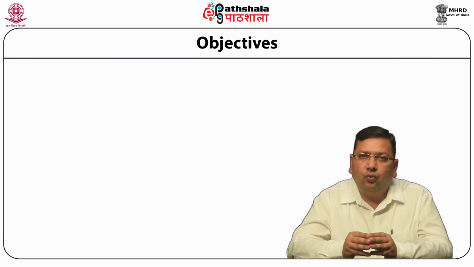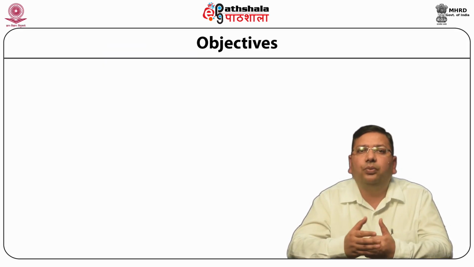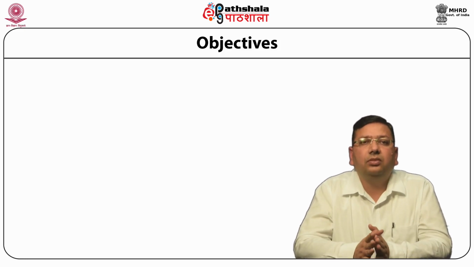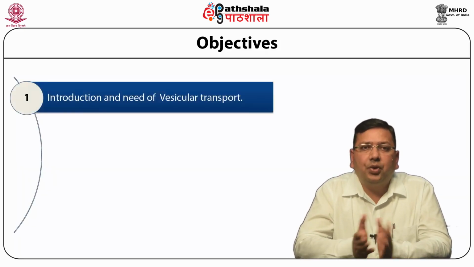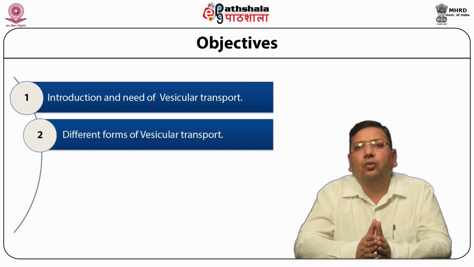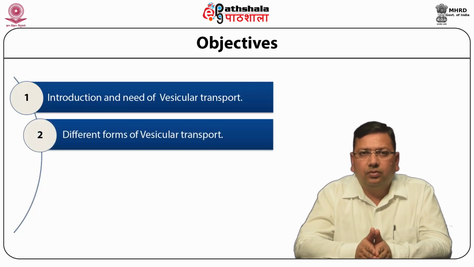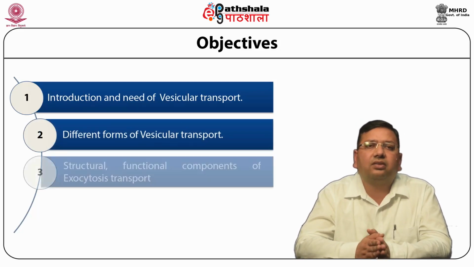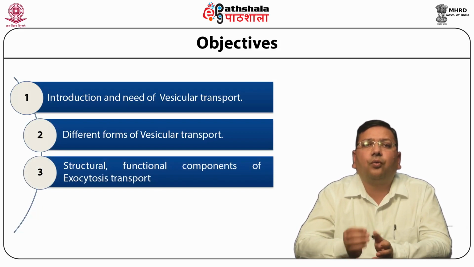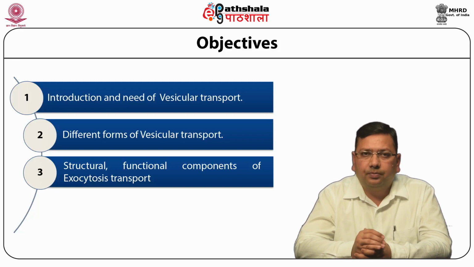In view of this, the following learning objectives are prepared for this module. Firstly, the introduction and need of vesicular transport. Then, different forms of vesicular transport. Thirdly, we will discuss the structure and functional components of exocytosis transport.